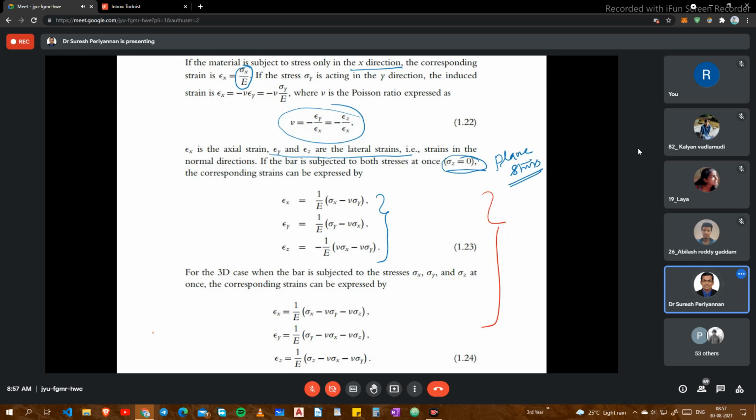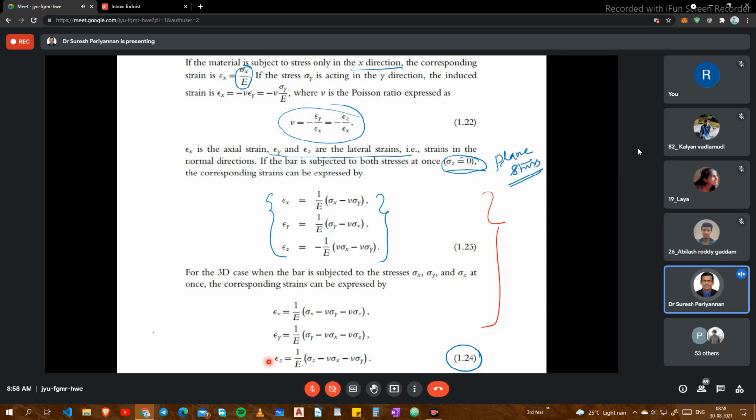You can understand. Now, first we think about this equation 1.24. That's what we can easily understand. For the 3D case, first we discuss, then we go to the top. For the 3D case, when the bar is subjected to three stresses, sigma x, sigma y, and sigma z, that's what we discussed.